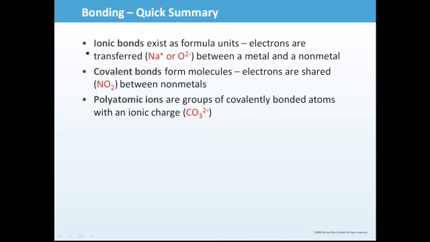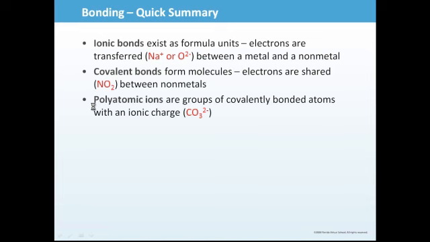Again, in both situations, the purpose is to get to 8 valence electrons so that they are happy, stable atoms. And then in a polyatomic ion, we have groups of covalently bonded atoms that act as an ion because they had to pick up extra electrons or remove some extra electrons to make that formation occur.